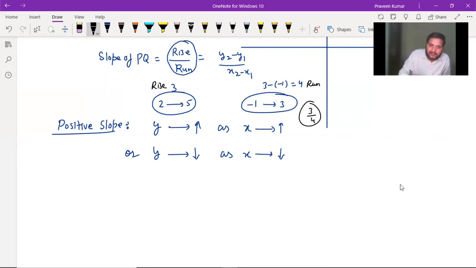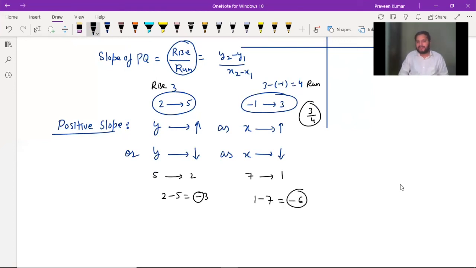Y decreases, means 5 becomes 2, and x decreases, means 7 to 1. How much y decreases? 2 minus 5, which is minus 3. This minus shows decrease in y. 1 minus 7 is decrease in x, which is 6 units decrease in x. So what is my rise?